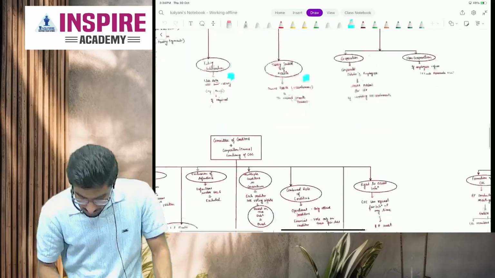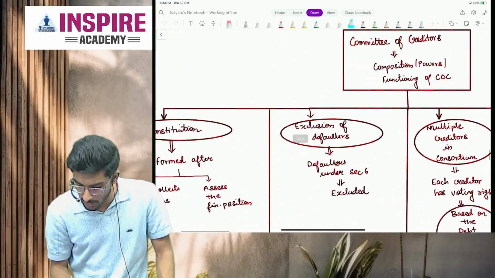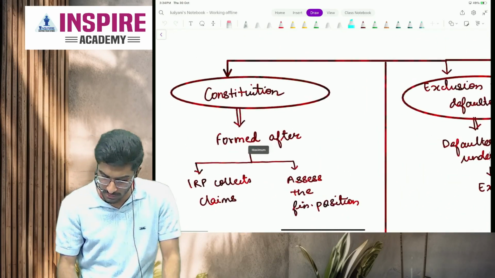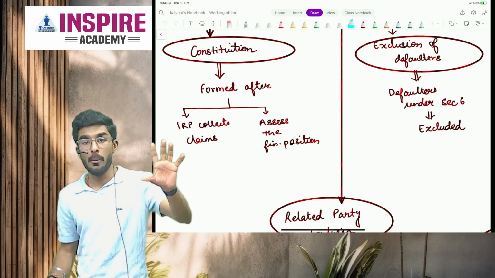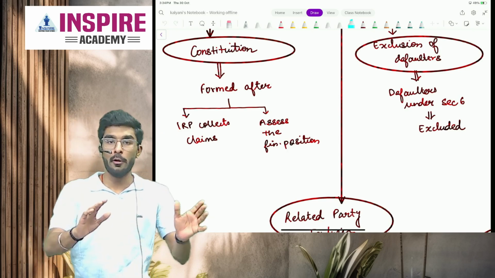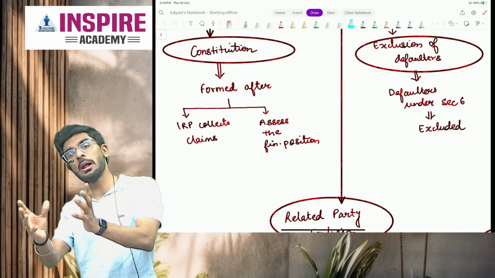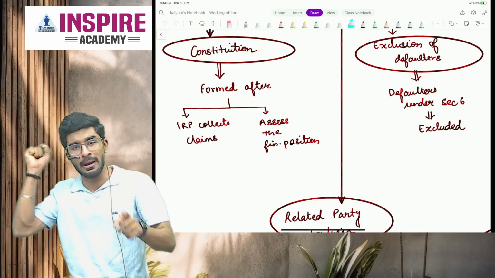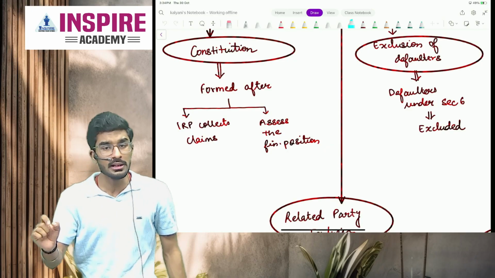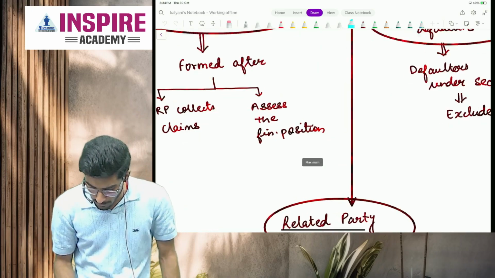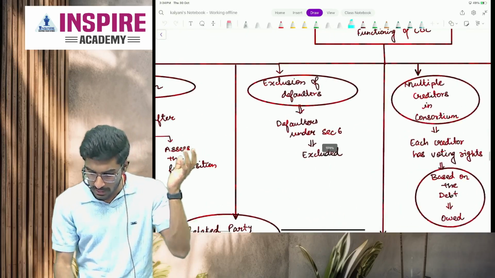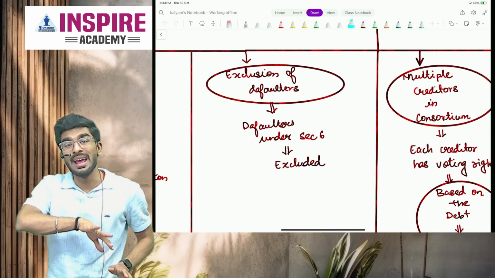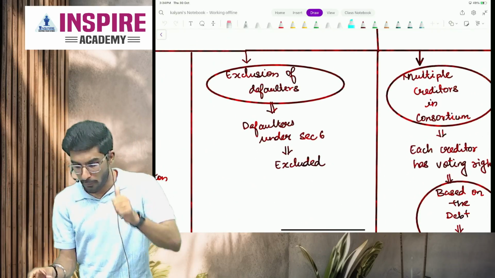Okay. Now next, Committee of Creditors: composition, powers and functioning. Is the constitution formed after or before the IRP collects claims? It is after the IRP collects claims. Once he finalizes the list of creditors, then the COC will be formed. It assesses the financial position. Okay. And next is who all will be excluded from the COC? Defaulters.